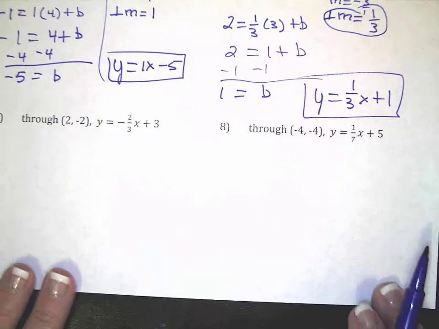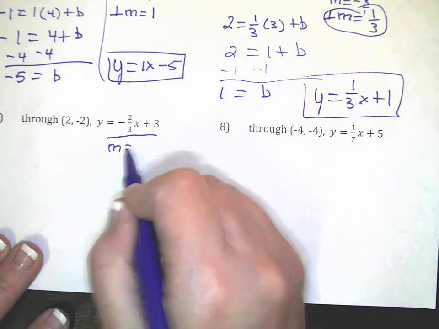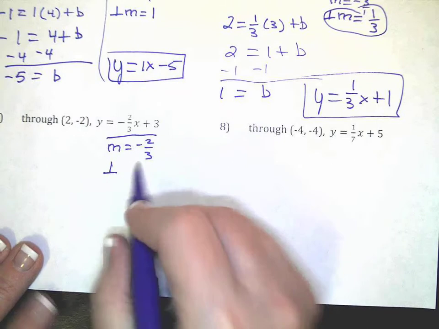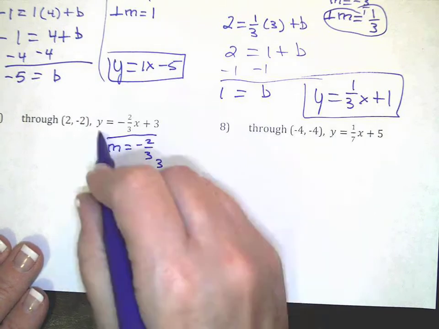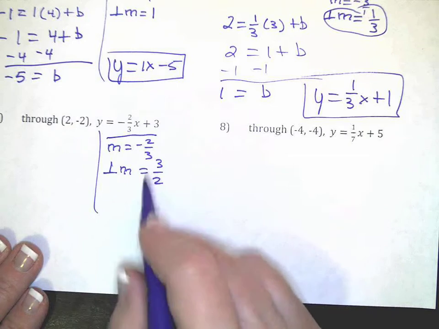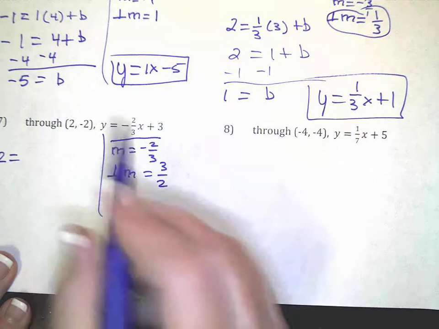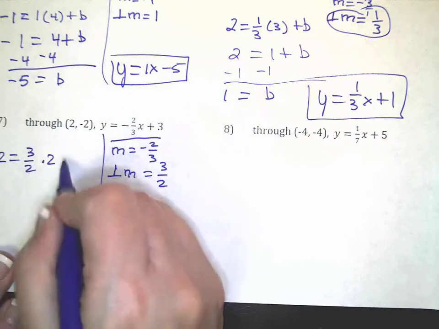All right, down on number 7. The slope of the given line is negative 2/3. The slope of the perpendicular line would be a positive 3 over 2. So this is the slope we want to use, this 3 over 2. So we have negative 2 equals 3 over 2 times x, which is 2, plus b.